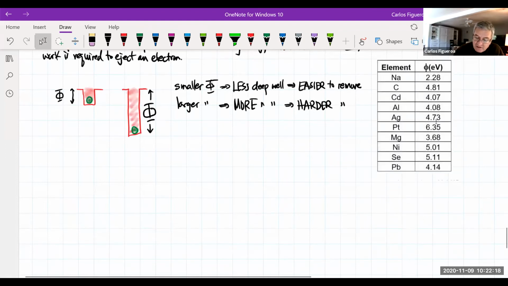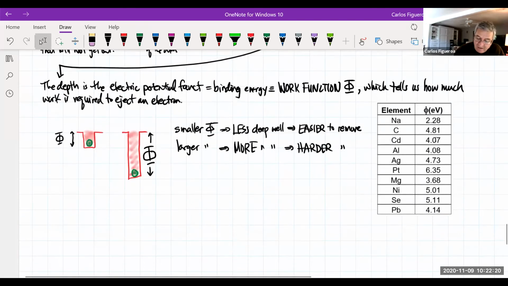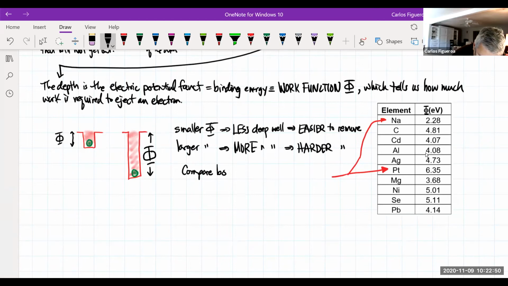And so what you're seeing here is how people can experimentally measure the work functions. In this case, I should have had the symbol here. So when I look at them, look at sodium and look at platinum. What I want to do here is compare both of these.